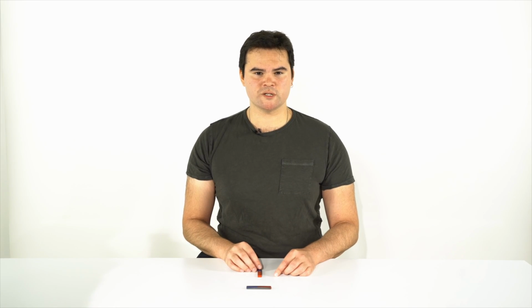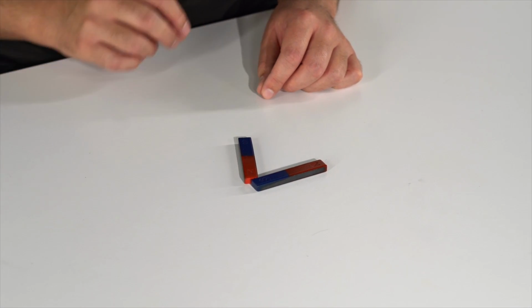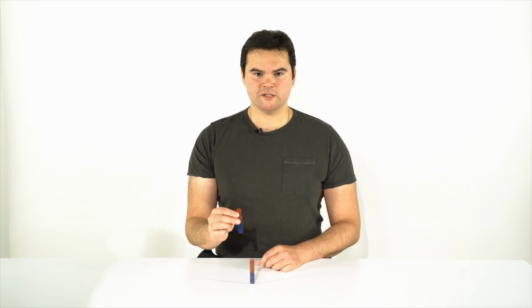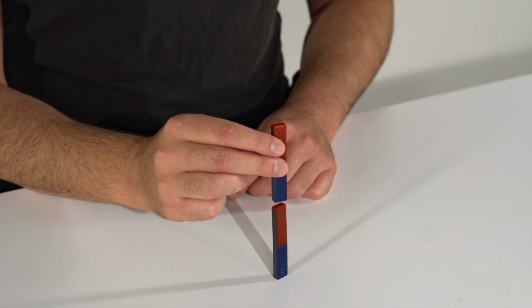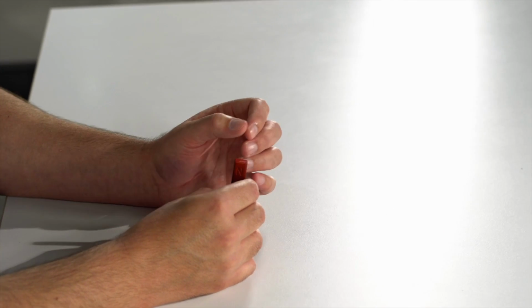What about if we approach the side of one magnet with the end of the other? Can we get one magnet to jump up to meet the other? Students can also see if they can manage to levitate one magnet on top of the other, although they probably won't be very successful.